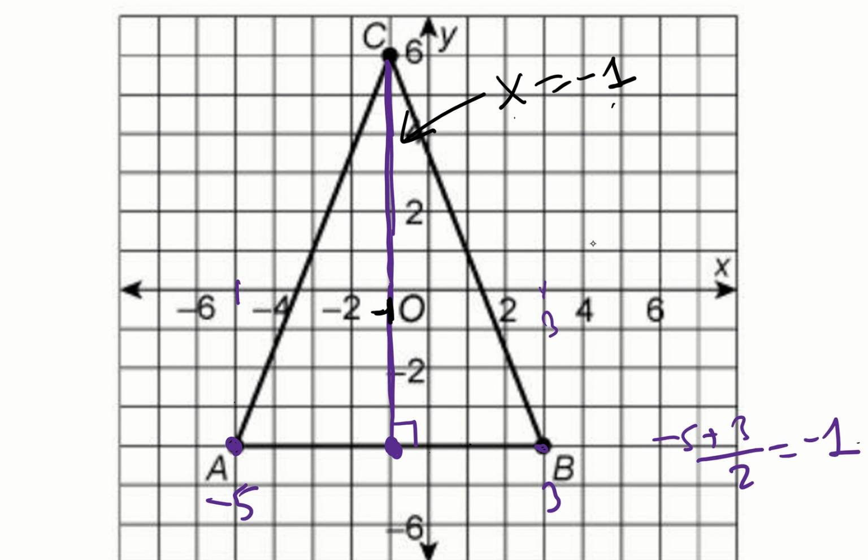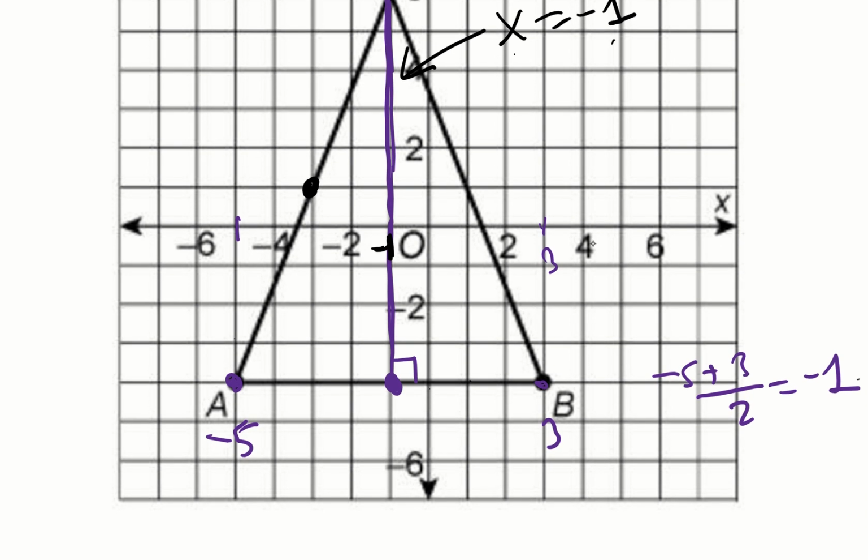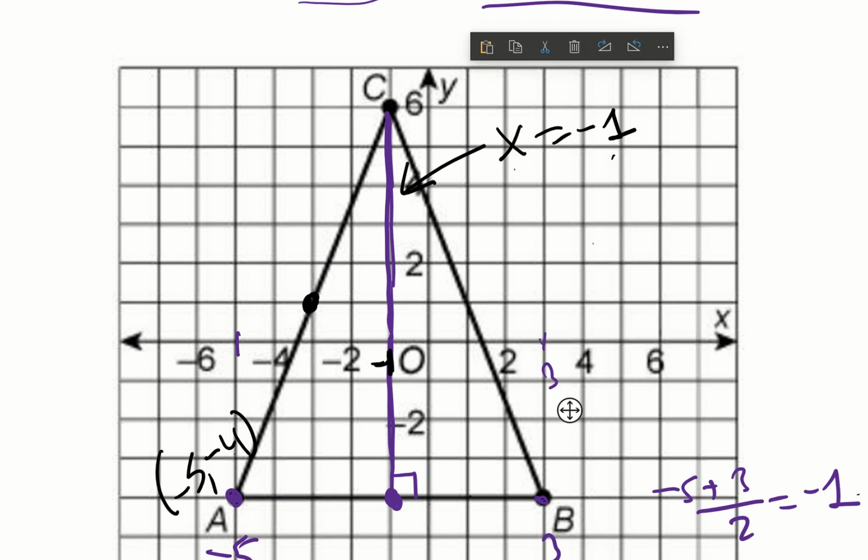All right, let's find the midpoint of this line segment. It looks to be around here, but let's double check that just to be on the safe side. The coordinates of A here we said are -5 for x and -4 for y. The coordinates of C seem to be -1 for x and 6 for y.